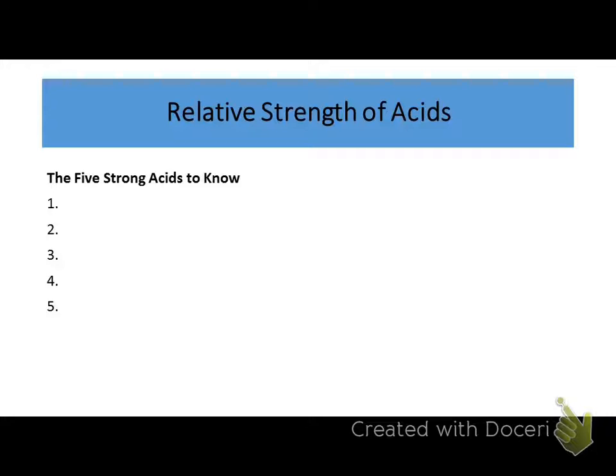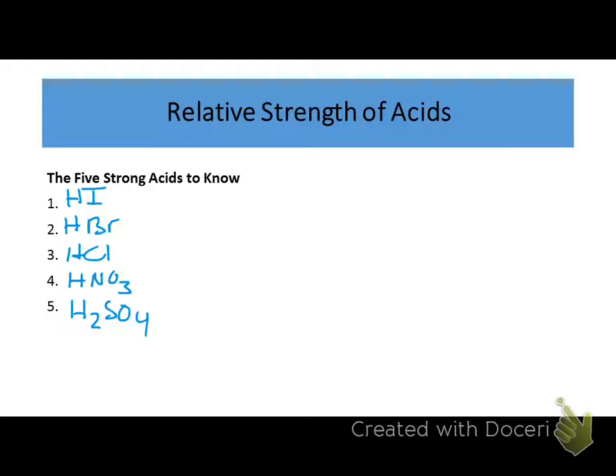The first one you should know would be HI, which is hydroiodic acid, and then HBr, which is hydrobromic acid, and then HCl, which is hydrochloric acid, and then you have HNO3, which is nitric acid, and then finally we have H2SO4, which is sulfuric acid.